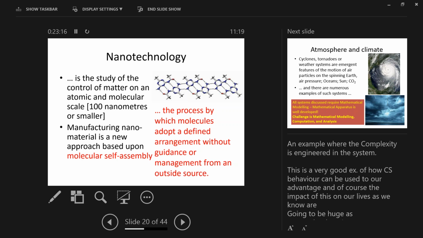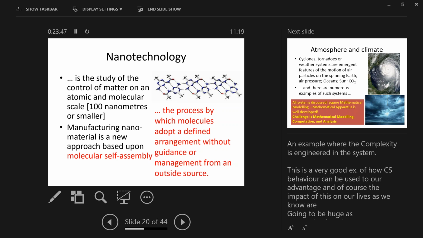Now, this nanotechnology, as we know, there is a lot of computational work in this. This makes use of manufacturing material with a new approach which is based on molecular self-assembly, which is a process by which molecules adopt a defined arrangement without guidance or management from an outside source.